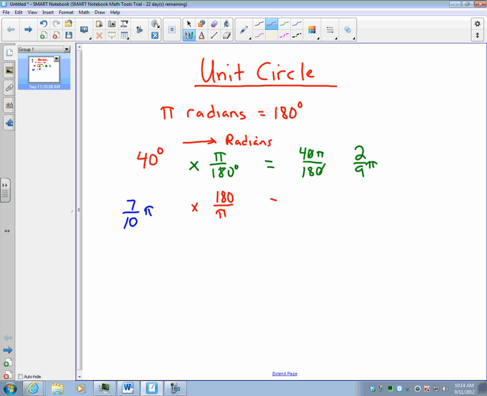Which now leads to this, 7 times pi times 180 over 10 times pi. You can see here the pi's cancel out. The 10 cancels out the 0 here, and I have 7 times 18, which gives me 126 degrees.